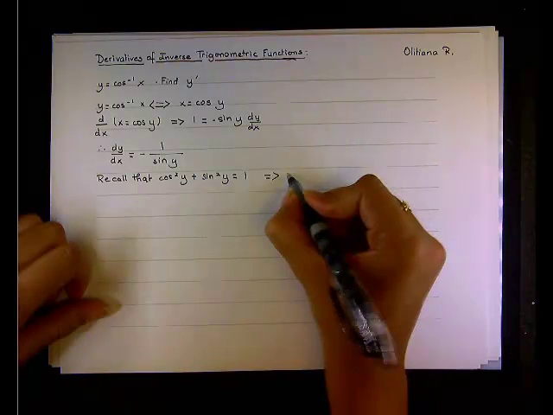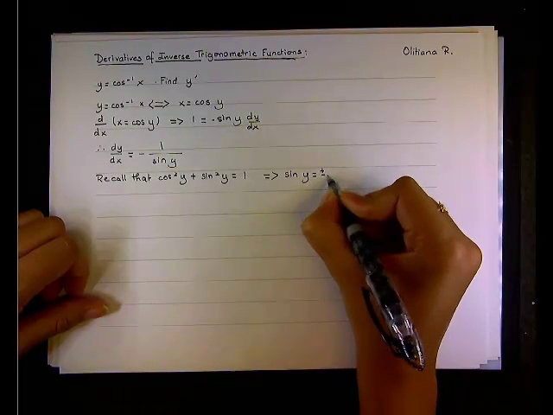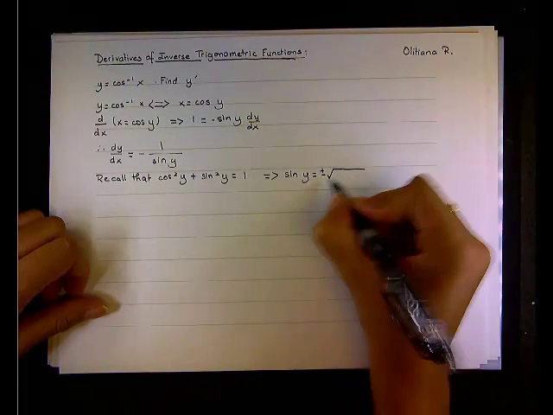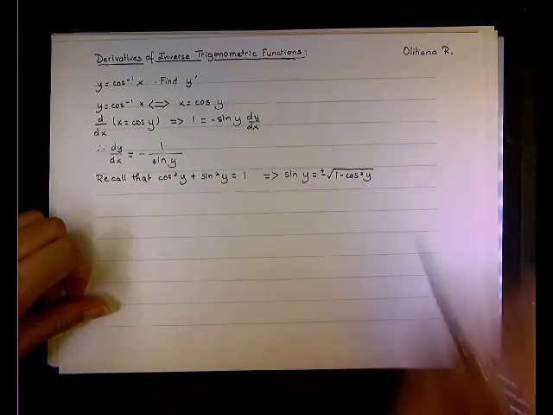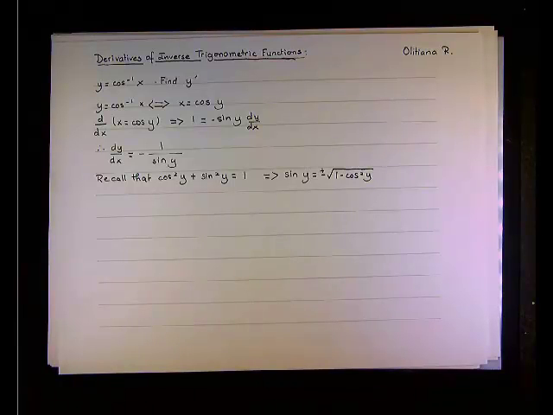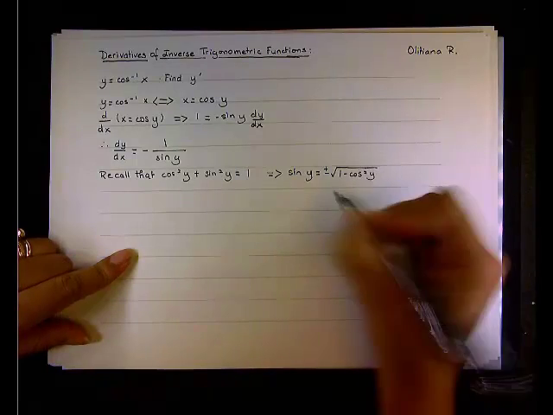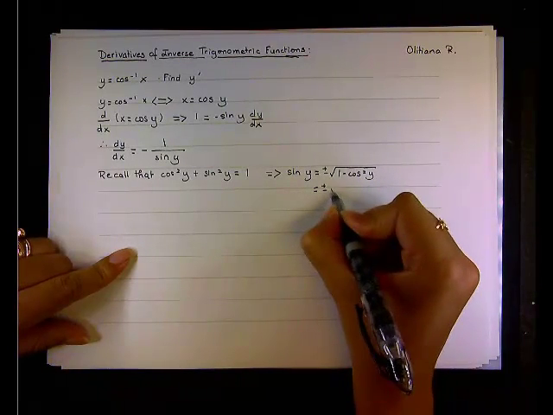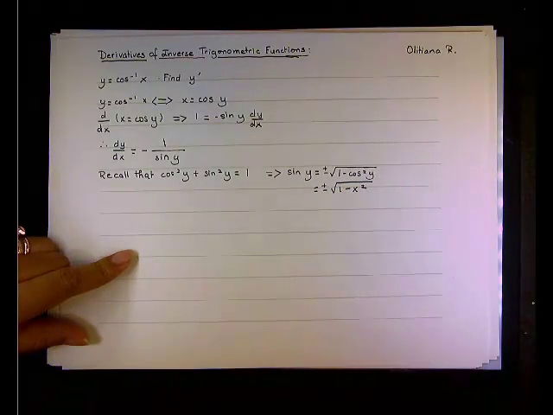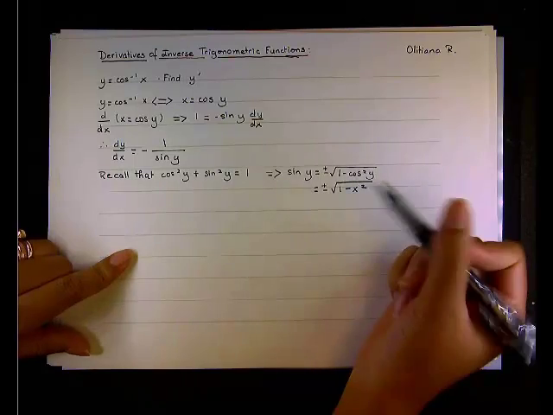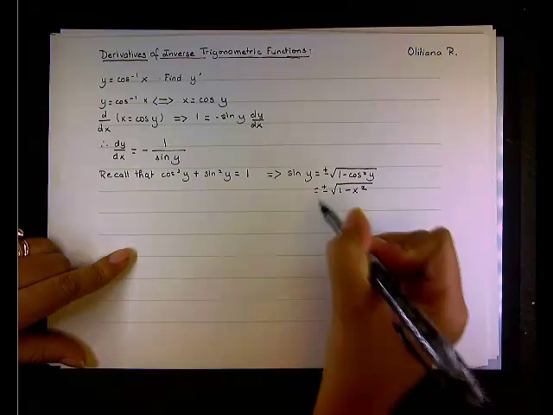So sine of y is equal to positive or negative square root of 1 minus cosine square of y. You can substitute cosine of y by x. And then we're going to find out if it's the positive or negative sign that applies in this case.